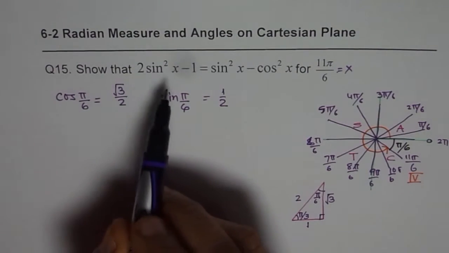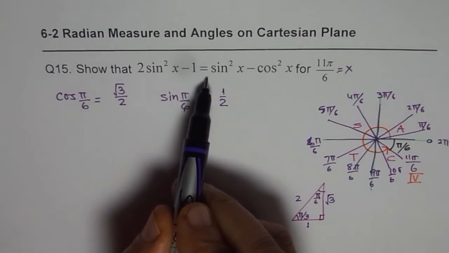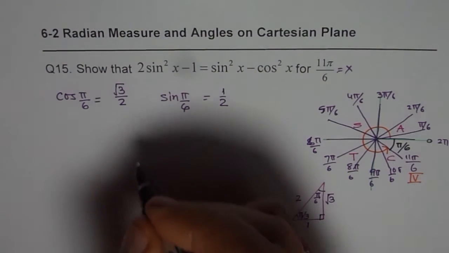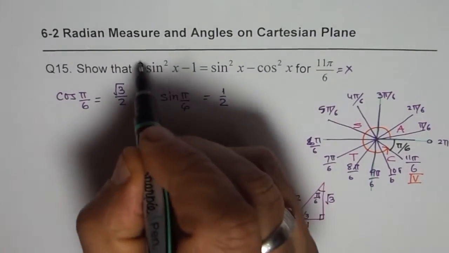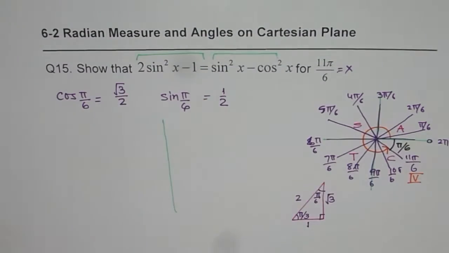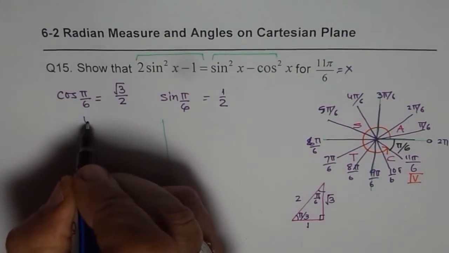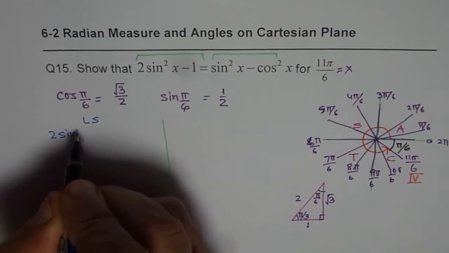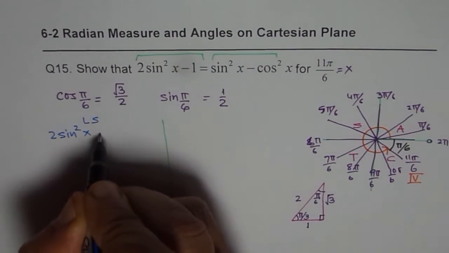So this is the value of x, right? Now what we need to show is 2 sine square x minus 1 equals sine square x minus cos square x. So what we can do here is we can calculate values for the left side and for the right side and then compare, right? So let's begin by calculating left side. Left side for us is 2 sine square x minus 1.